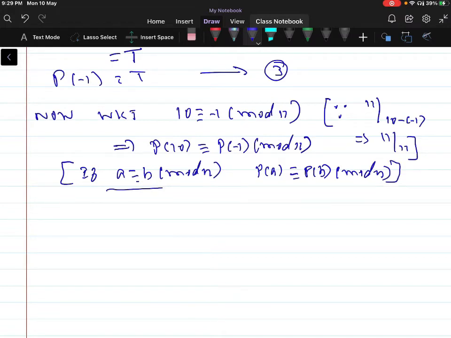So by using this theorem we can write, if 10 is congruent to minus 1 modulo 11, then p of 10 is congruent to p of minus 1 modulo 11.